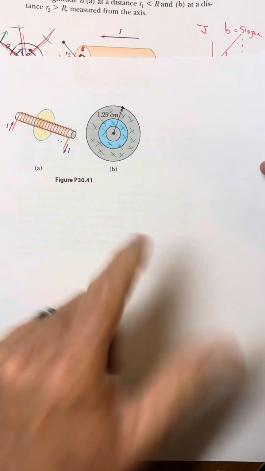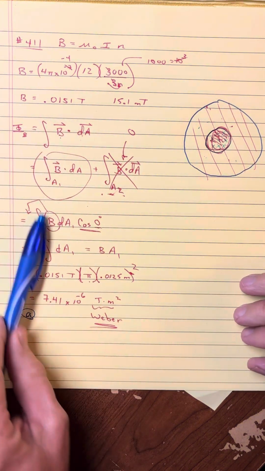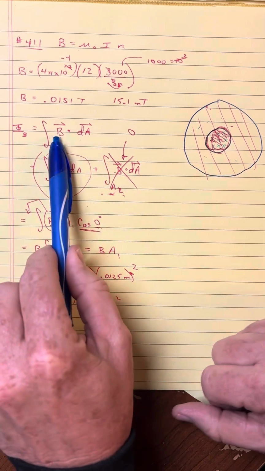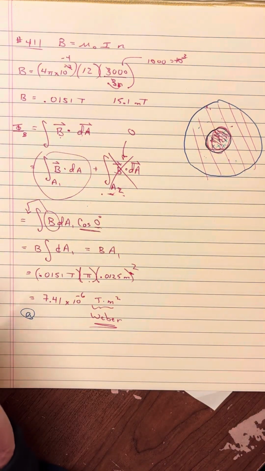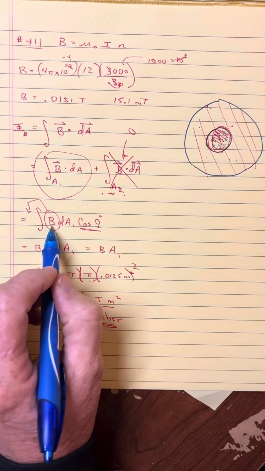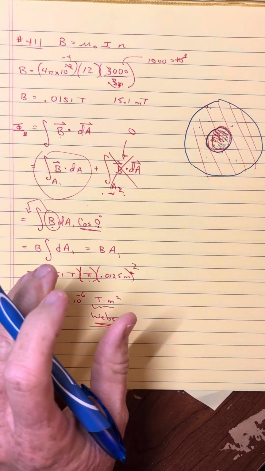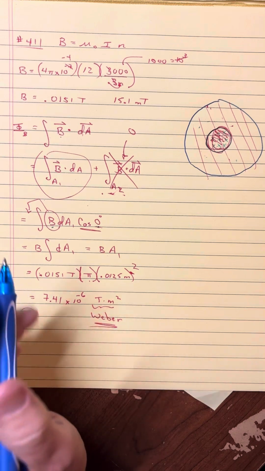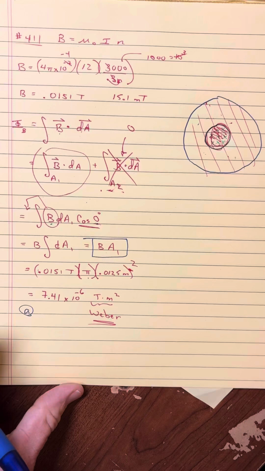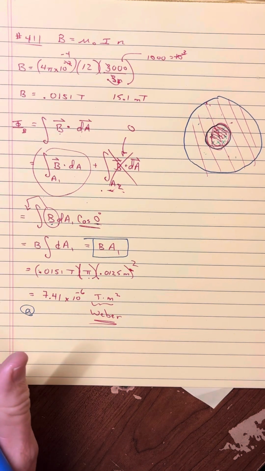And maybe to make this one go a little bit faster, I'll go back to our discussion of part A, where it says, okay, when you go to calculate the flux, which is a dot product between the magnetic field and the area, the way it is aligned, the angle is 0 and the magnetic field is constant inside the solenoid. And so I'm pretty sure that's why the author had us working on a solenoid. And so then it just becomes B times the area for this simple case. And that's what we have here.